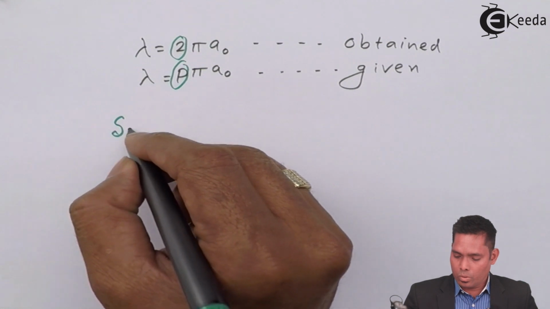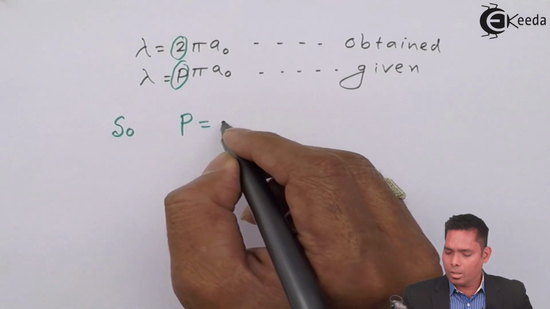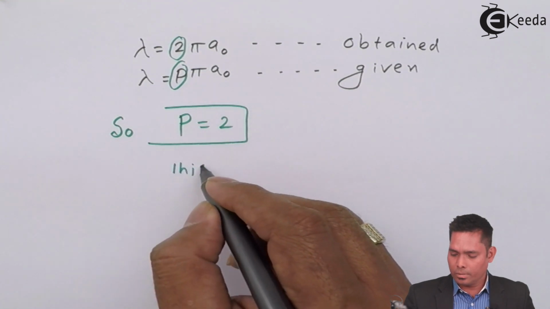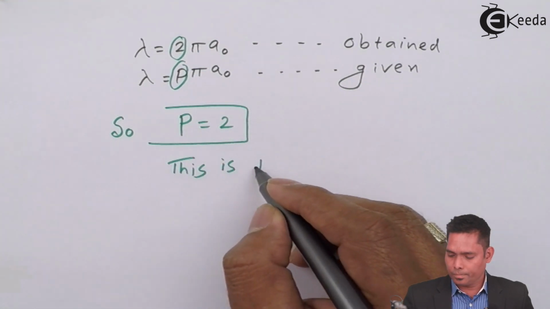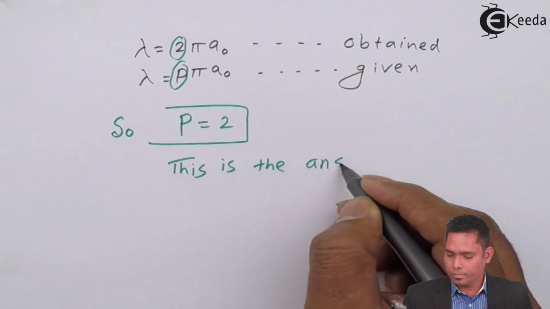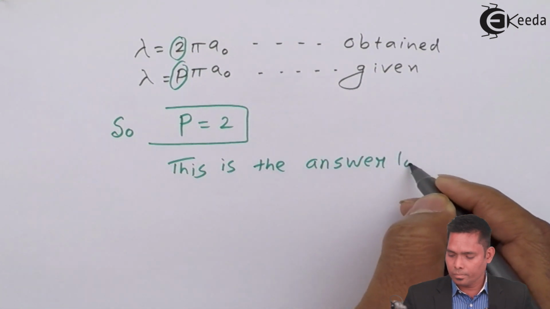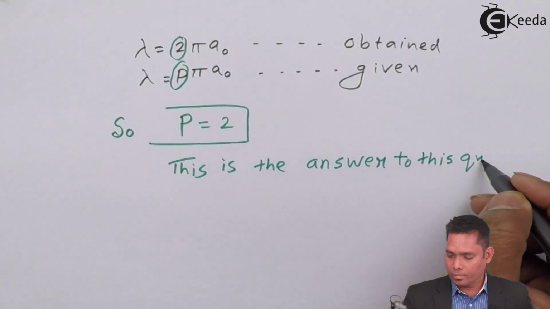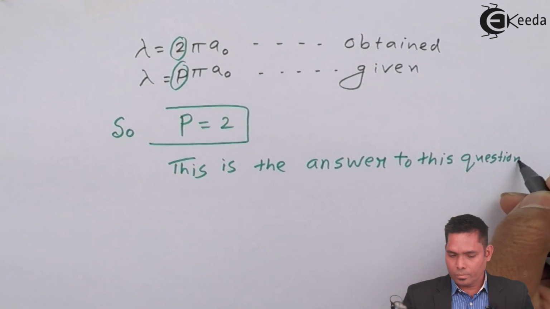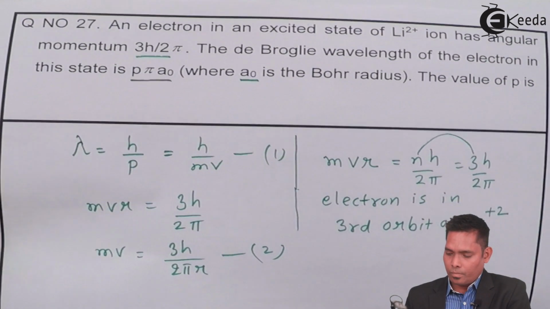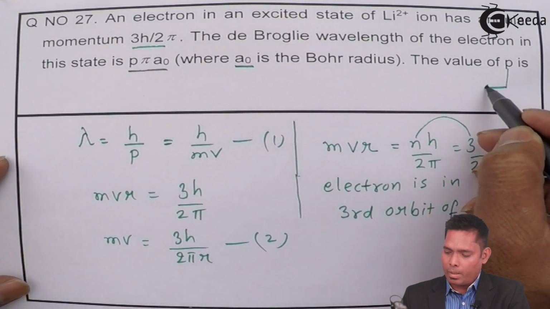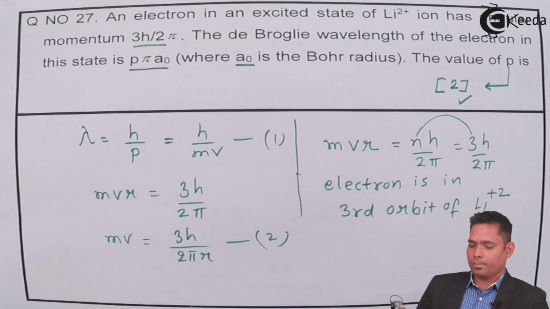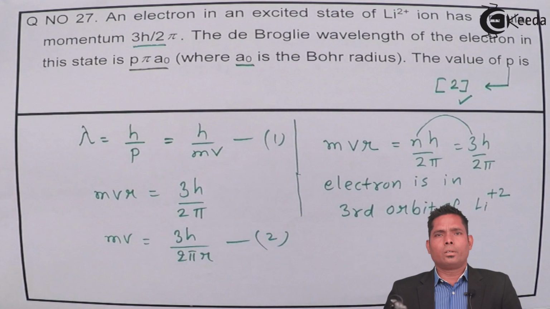So the value of p is 2. This is our answer. Okay, thank you.